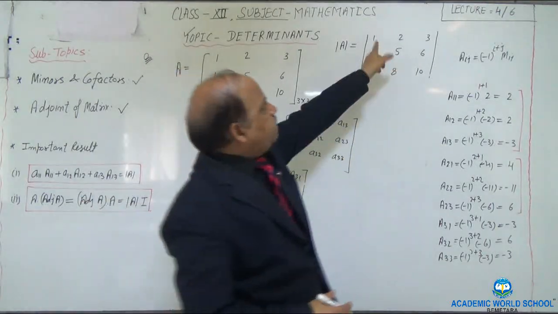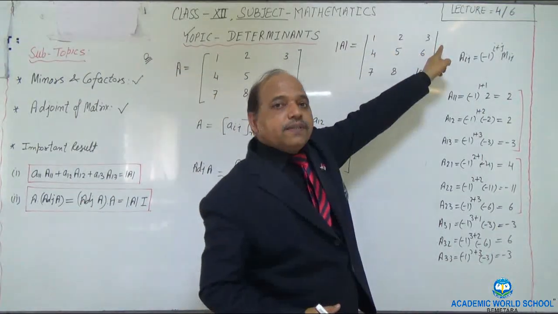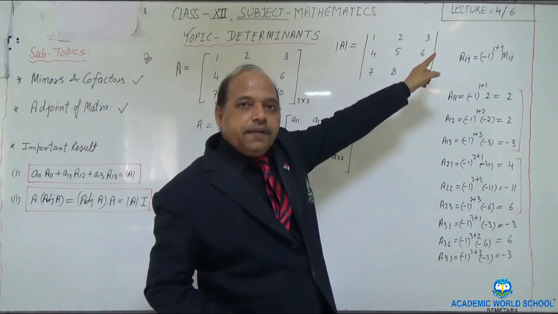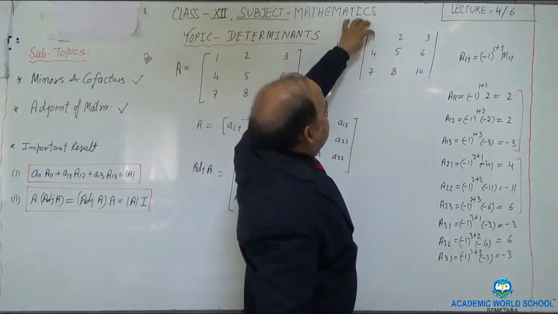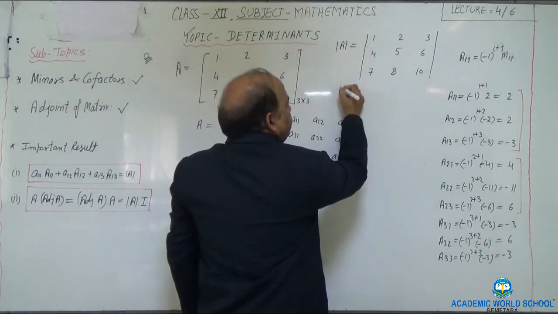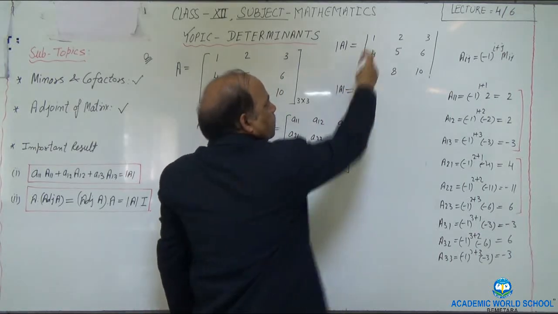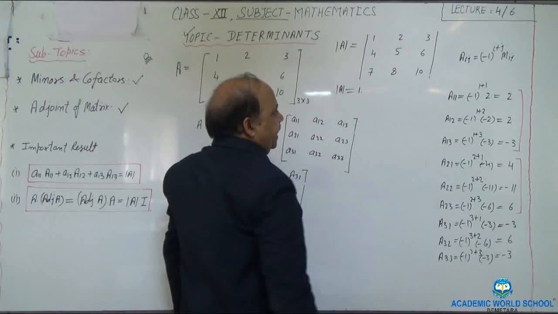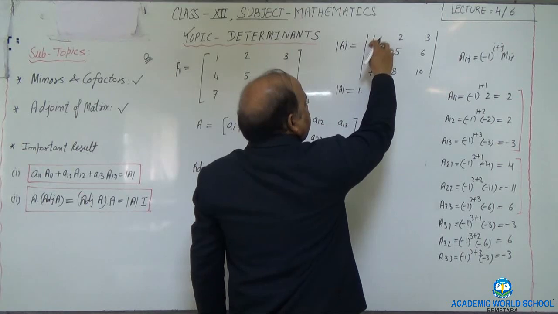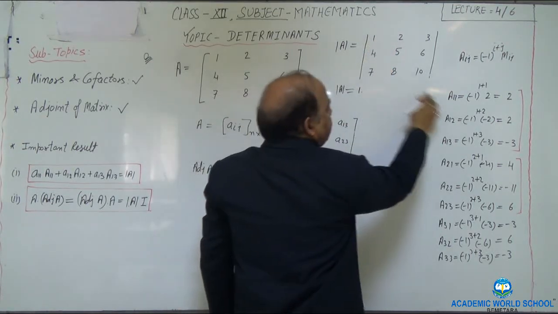Suppose I am expanding about any row, the first row. How will you expand? To find its value, you will write 1 into the cofactor of this, A11.